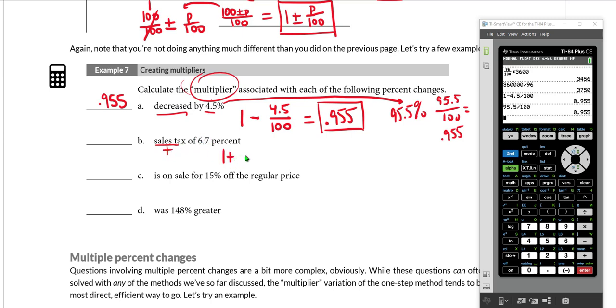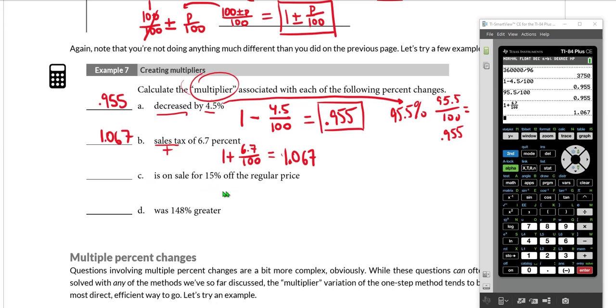So what we're going to do again is 1 plus 6.7%, and of course that is going to equal, let's just do it in the calculator, 1 plus, I'm going to use the fraction here, 6.7 over 100, and we are going to get 1.067. So if we increase a sales price by 6.7%, we could calculate what we are going to pay by multiplying the sales price by 1.067. This is our multiplier, 1.067.